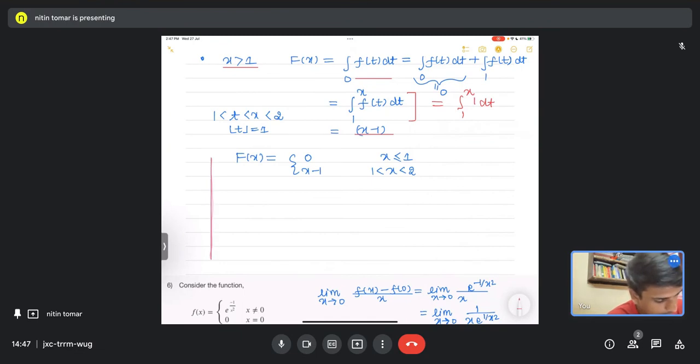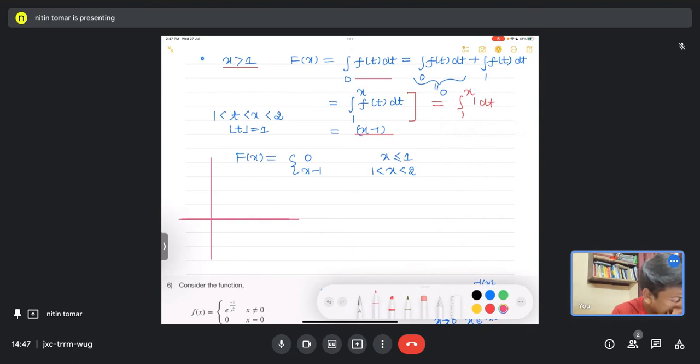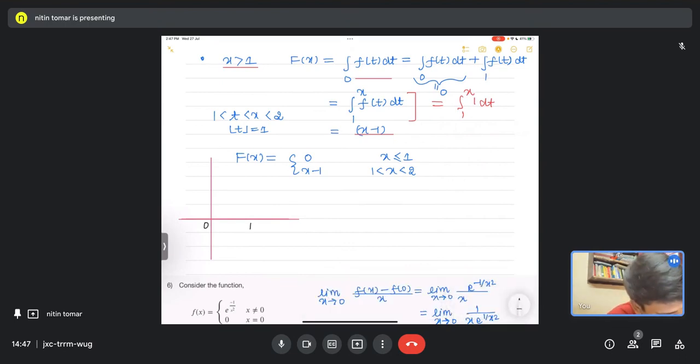So if you draw the graph, we'll see 0, 1 and 2. So this is the x-axis, this is y, and I'm drawing the graph of F of x. From 0 to 1 it is 0, and then it behaves like this.